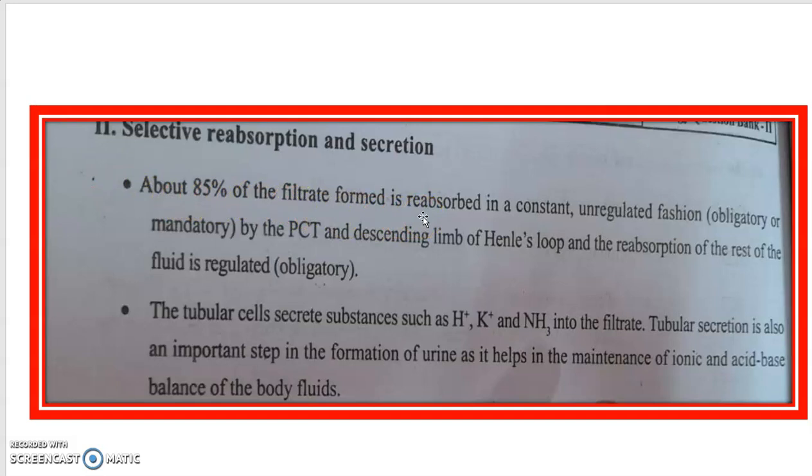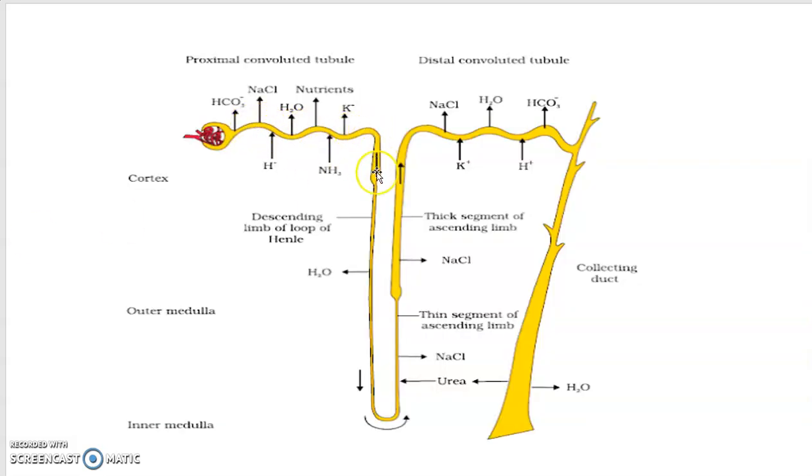In the digestion lesson, you learned absorption. Here it is reabsorption. 85% of the filtrate formed is reabsorbed in a constant, unregulated fashion. Here, there is no regulation by hormones. And this kind of reabsorption takes place in the PCT as well as the descending limb.